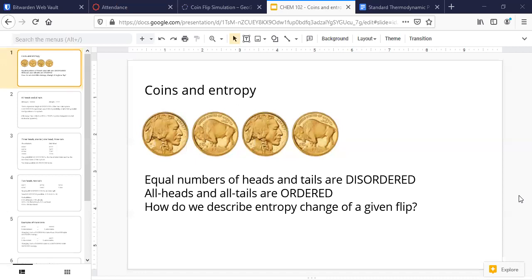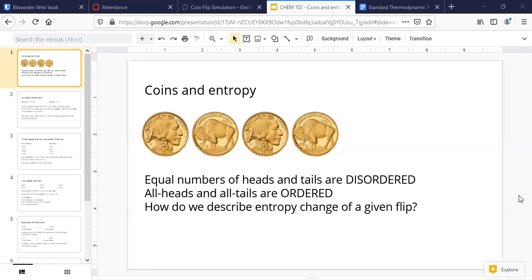And what I want to do with this particular set of stories here is quantify how we describe the energy change, the entropy change, excuse me, in a given coin flip. Okay? And so I'm going to go through all of the different possibilities for how we flip the coin.